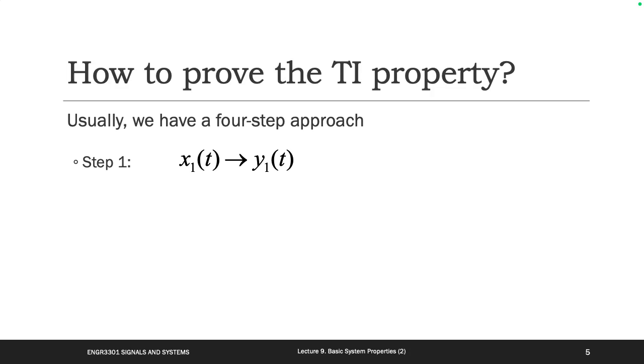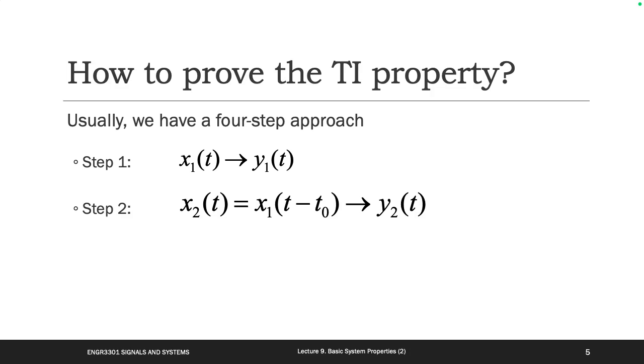The first one: usually the relationship between the input and output will be given, and we give the input x1(t) and get the output y1(t). Then let's give the other input x2(t), let x2(t) equal this one, and then we use the system to get y2(t). Am I right?